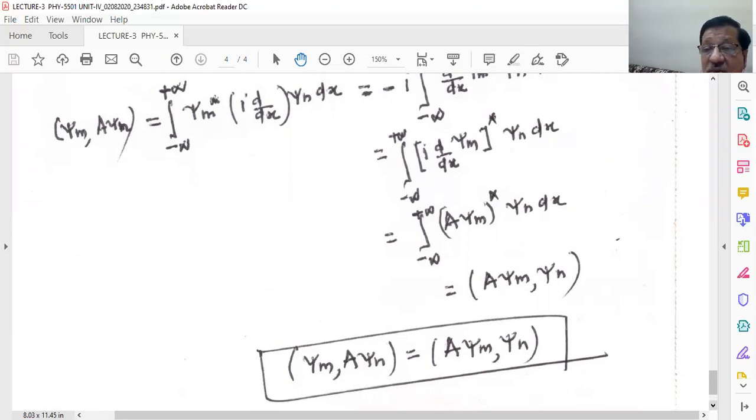So I think today I will stop here, and the next lecture we will take only problems related to the Hermitian operator.